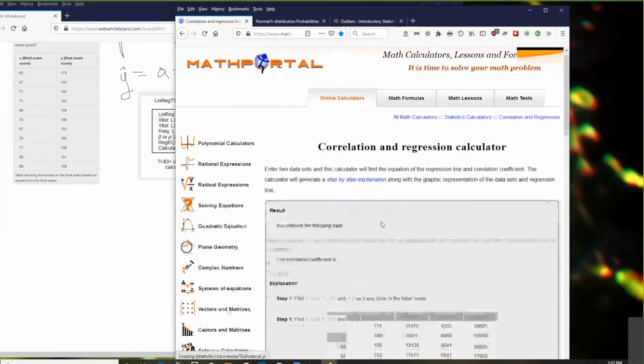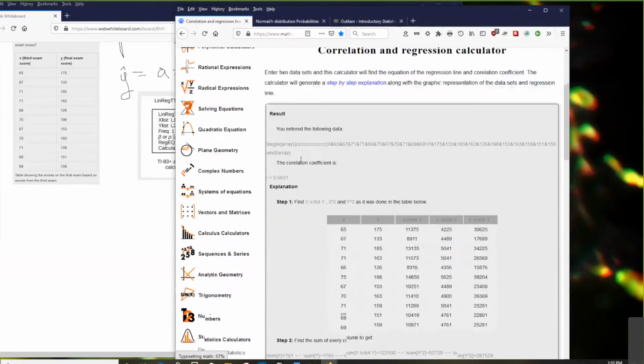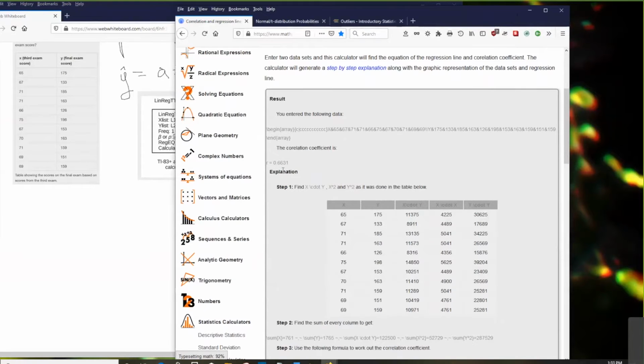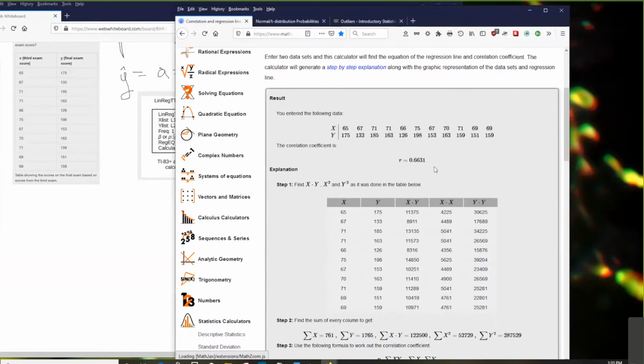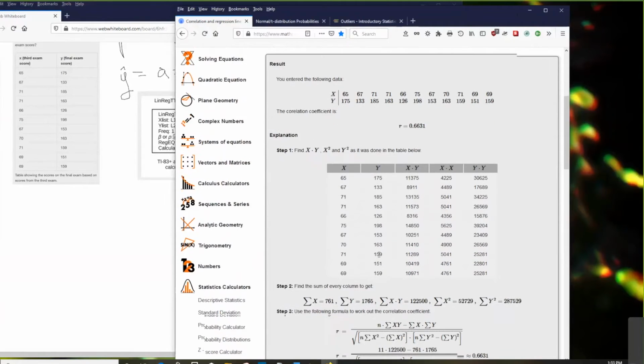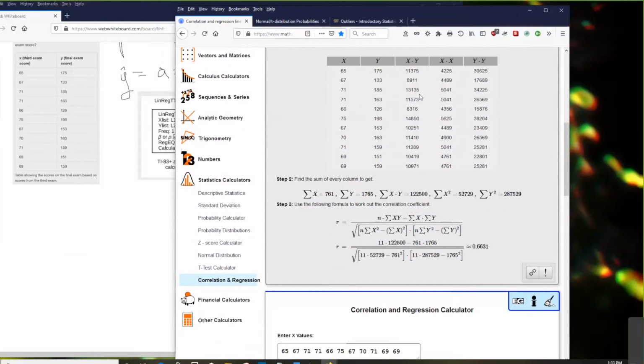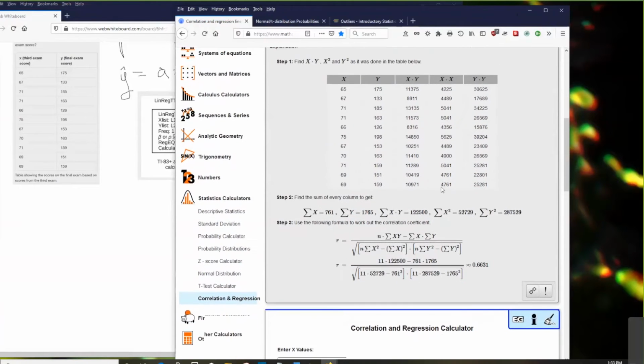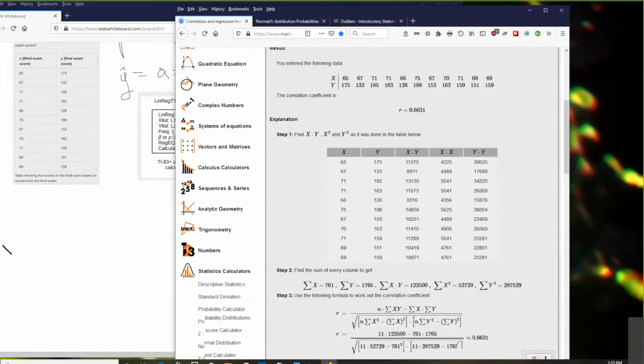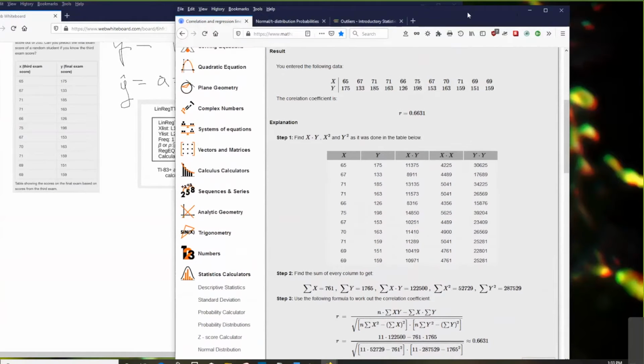So once again, it's going to show us our data. It's going to give us our correlation coefficient, and it's going to also show how everything was calculated. You can keep this second half of showing the steps if you want, or you can still do the calculation without that.